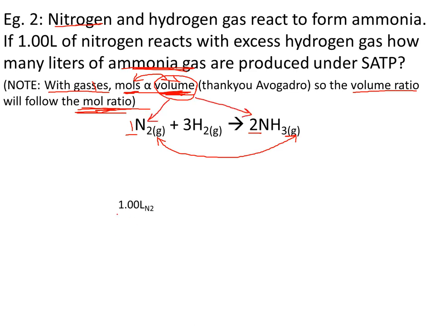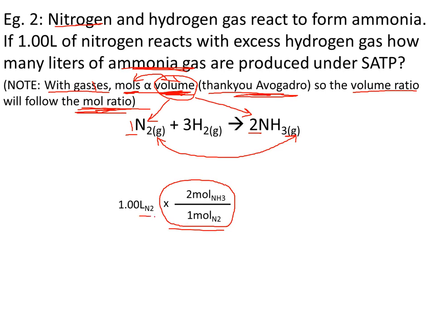So essentially we just take our volume of nitrogen, we apply a mole ratio to it, because that's what Avogadro showed us we could do with Avogadro's gas law. The moles and the volume for gases only are proportional. So the mole ratio applies to volume, as long as it's gases and as long as the conditions don't change.